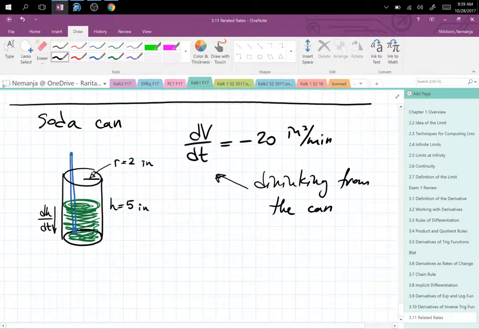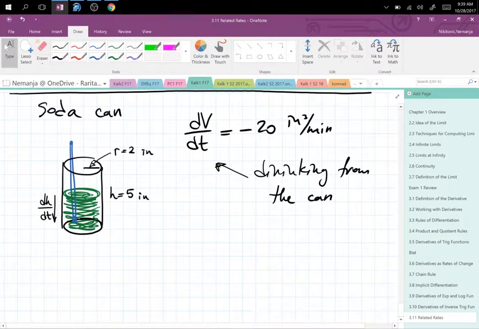It's the volume. According to Google, it's going to be 4 point something. But we are using radius 2, so in our can it's going to be 2. Alright, so now I'm interested in this dH dt.